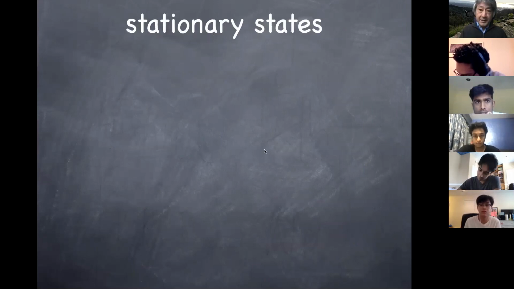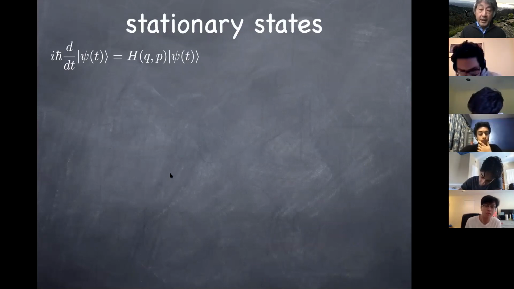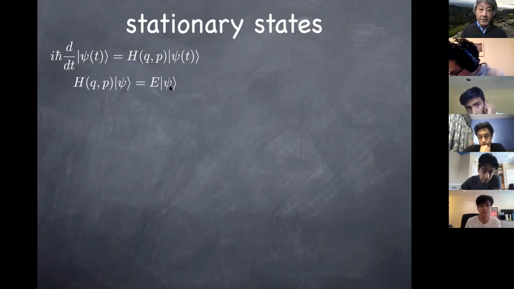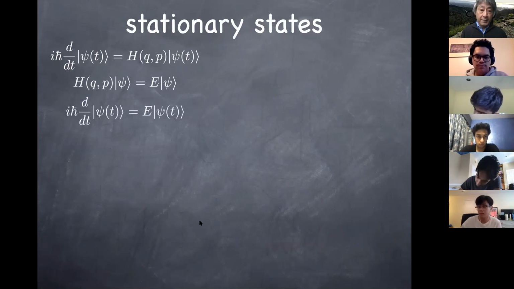And again, this is something you have done a lot in quantum mechanics class. So once you have this Schrödinger equation, you look for eigenstates of the Hamiltonian operator. So an eigenstate of the Hamiltonian operator is defined by this equation, namely that the Hamiltonian operator acting on the ket gives you an eigenvalue E. So that's the definition of an eigenstate.